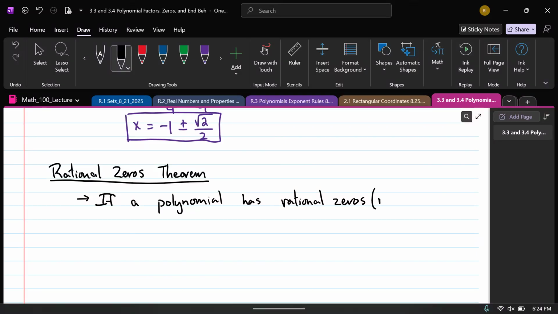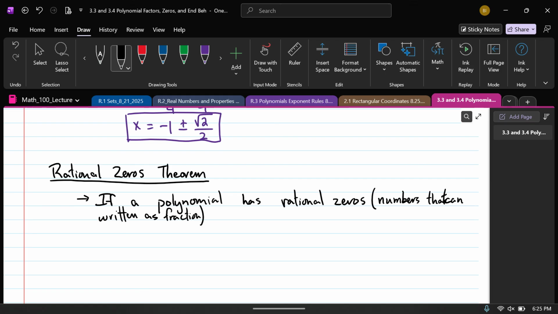Rational zeros mean numbers that can be written as fractions. That's what a rational number is. Remember we talked about that? Way back in August and the 1st of September, we talked about rational numbers being numbers that can be written as fractions. So rational zeros are zeros of a polynomial that can be written as fractions. That's what this is about.